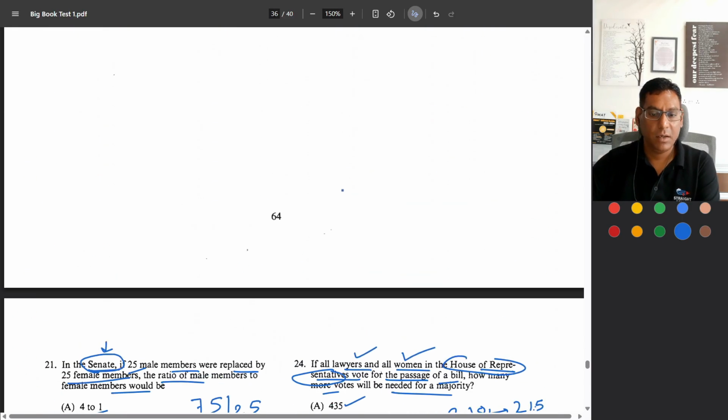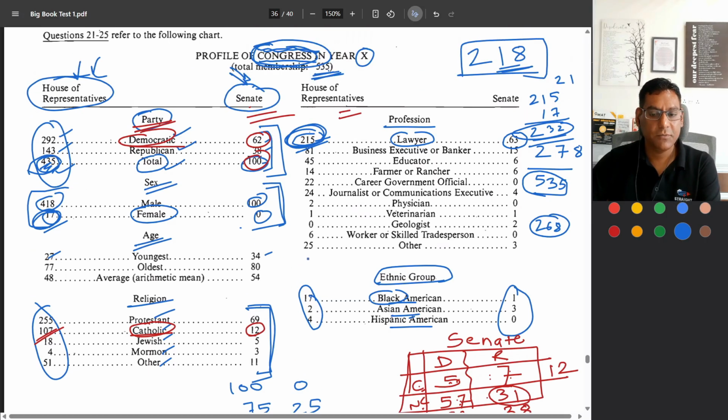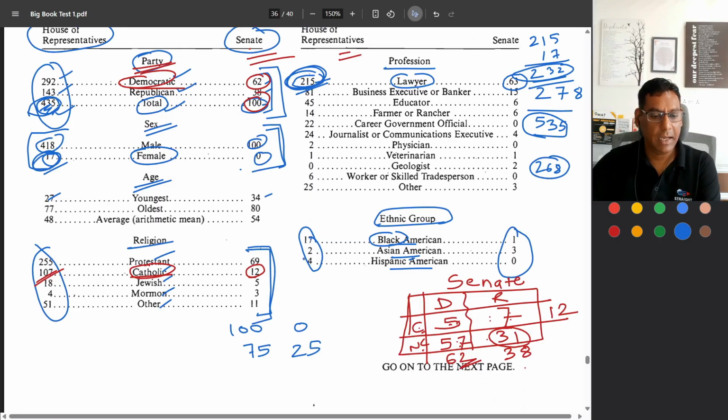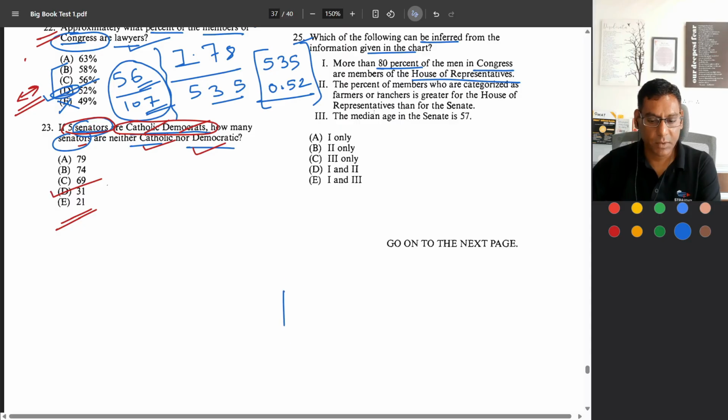Okay, we'll have to deal with this data. How many people are there in Congress? 535, and more than 80% of the males. Okay, so let's do a graph like this. This is again some similar graph, right? This is House of Representatives, this is Senate. These are males and females.